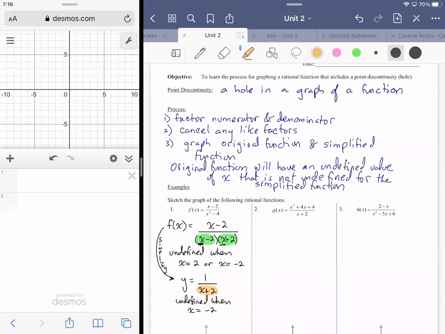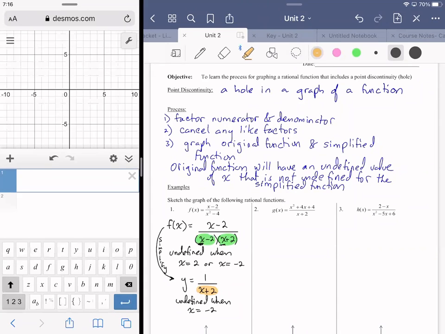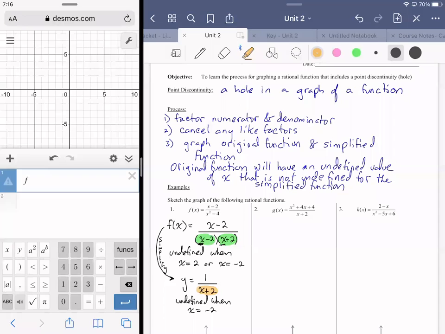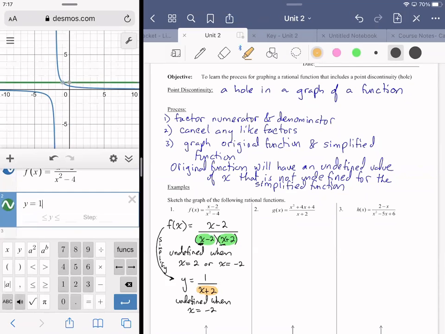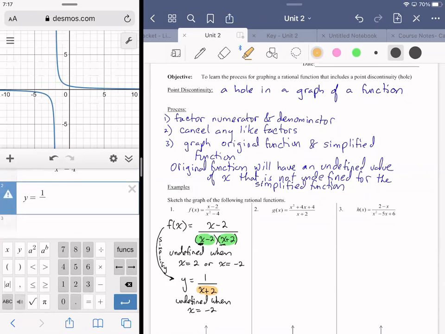All right, so what we're going to do is graph them simultaneously. f of x is equal to your original function, x minus 2 over x squared minus 4. And then I'm going to graph y equals 1 over x plus 2.